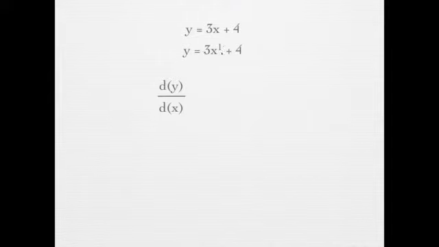And then you subtract 1 off of the exponent, like I have right here. So I took that 1 and multiplied it in the front. I had 3x to the first power. I subtract 1 off of that. If I work that through, I end up with 3x to the 0 power. And x to the 0 power is equal to 1. So the derivative of 3x plus 4 is equal to 3.